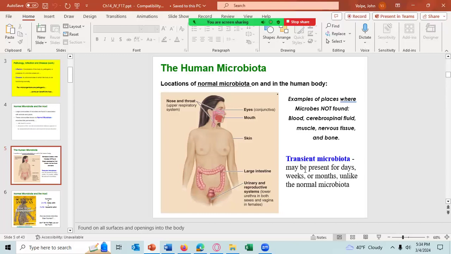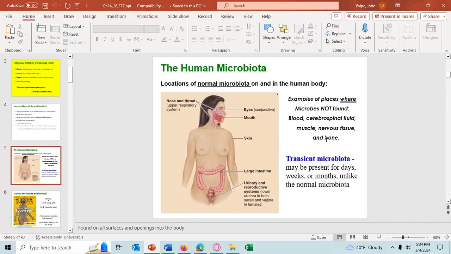Fortunately, the next term I checked my skin for Staphylococcus aureus, I didn't have any. And then all future terms, when I checked my skin, I never had any further episode of Staphylococcus aureus growing on the mannitol salt agar plates.